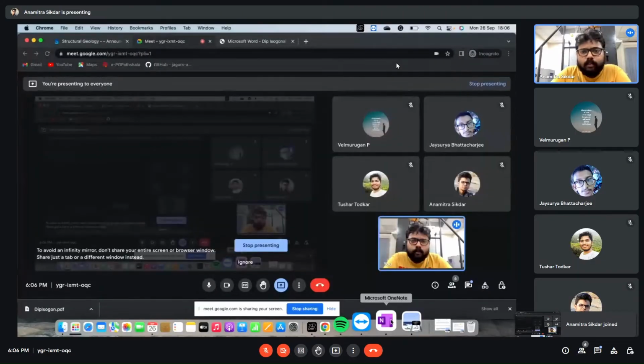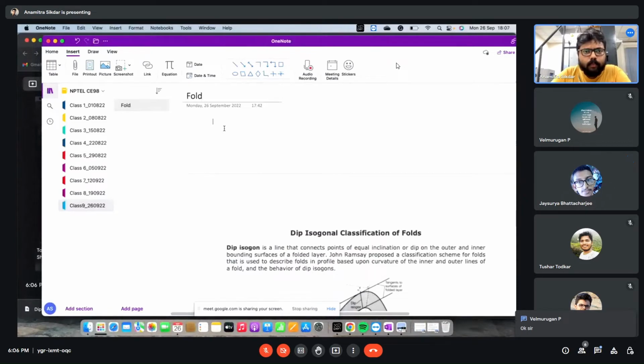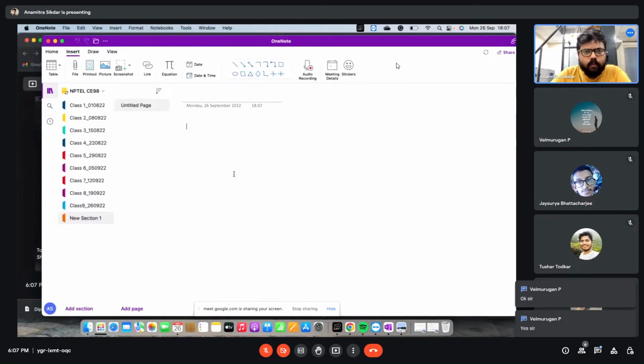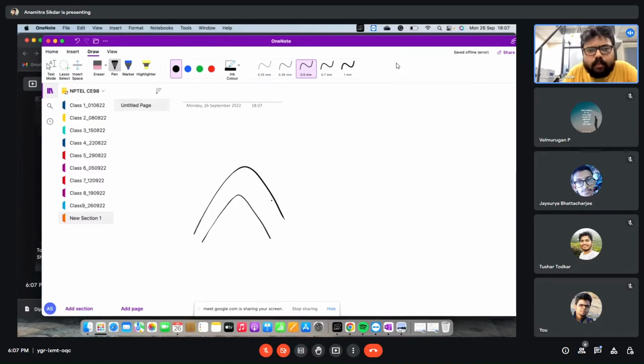So you can see the screen, right? Yes, sir. Yeah. So suppose in the map, this is a map. This is not a real fold.